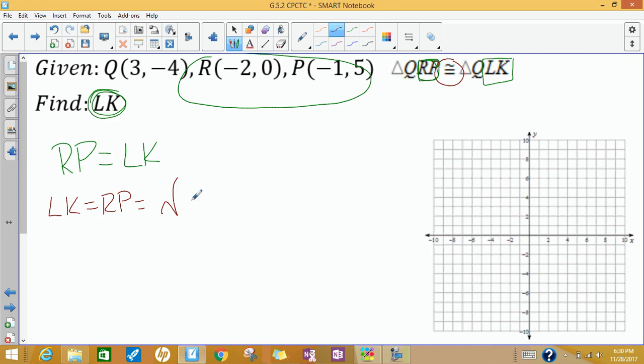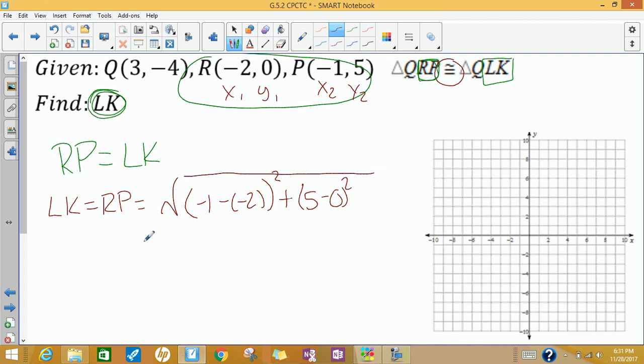And so I subtract my x's. I'll call this x2, y2. I'll call this x1, y1. So I do -1 minus -2, all squared, plus y2, 5 minus y1, 0 squared. -1 minus -2 gives me +1, and I have to square that still. 5 minus 0 gives me 5.